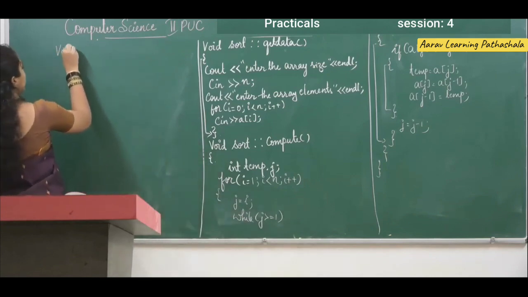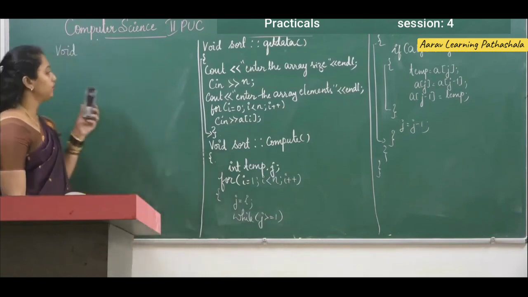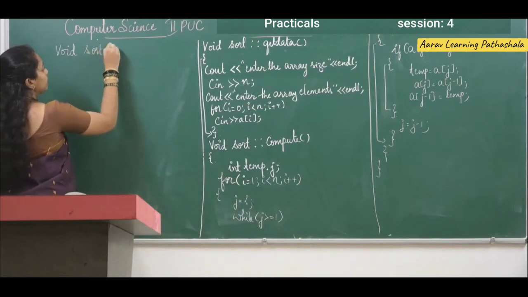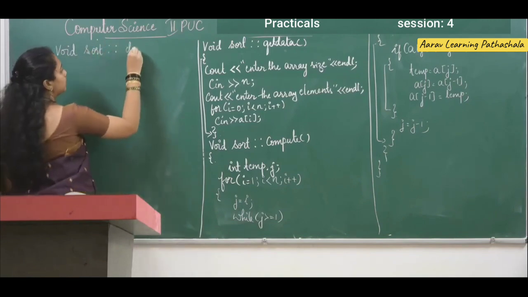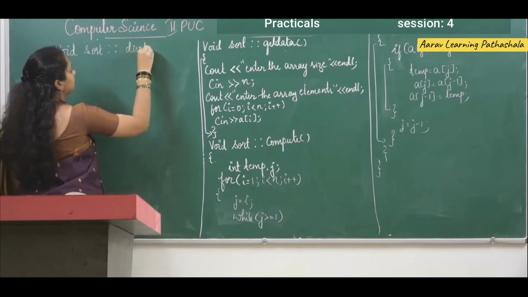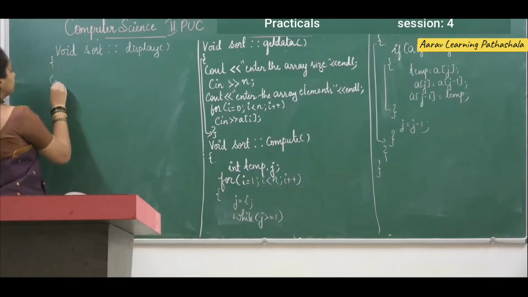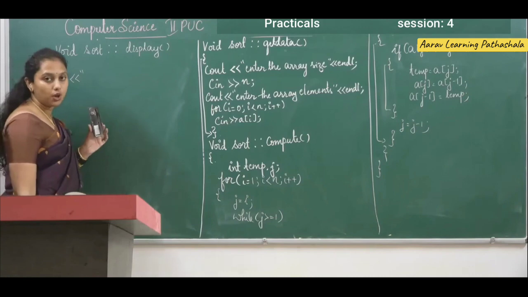As we are defining the function outside the class, first we have to write the return type followed by the class name, followed by the scope resolution operator, then the function name. We have to print the array elements after sorting.